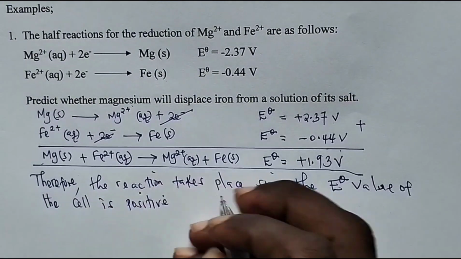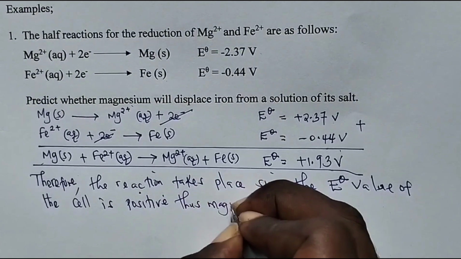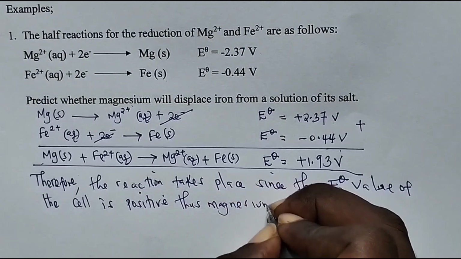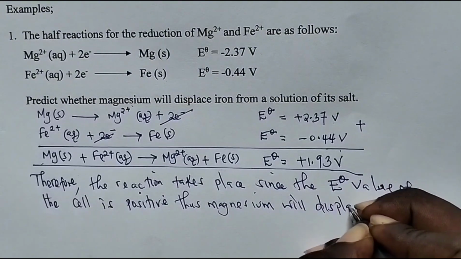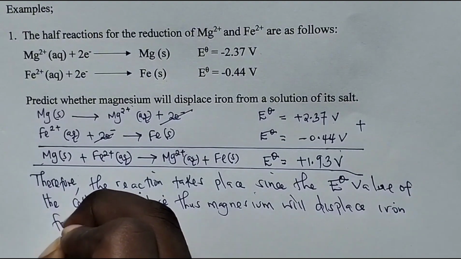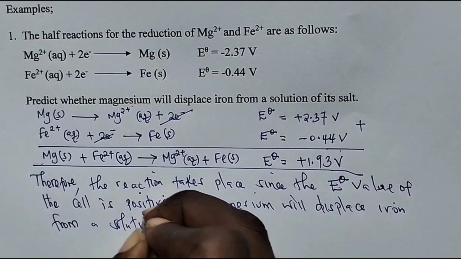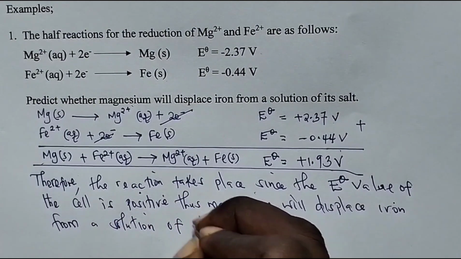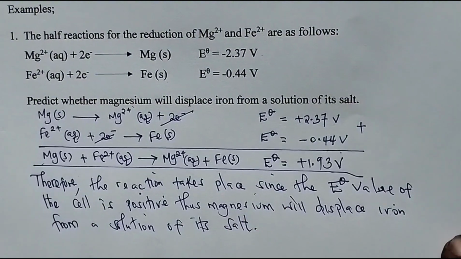Hence, magnesium will displace iron from a solution of its salt. So that's how we are going to conclude.